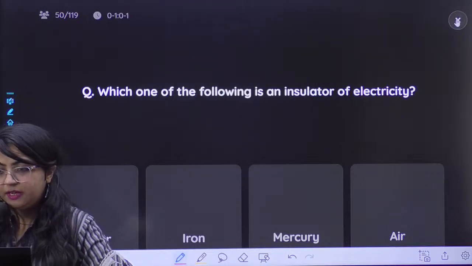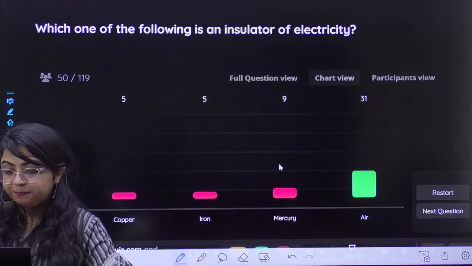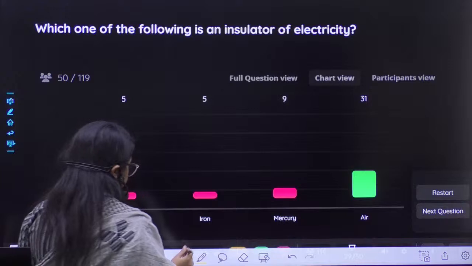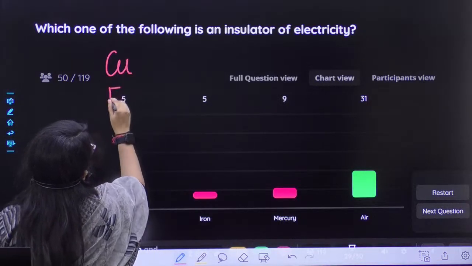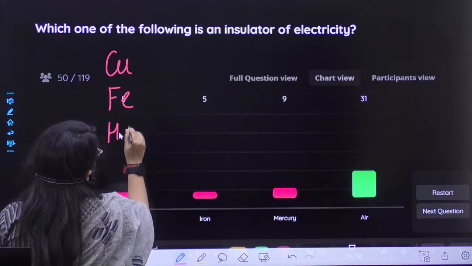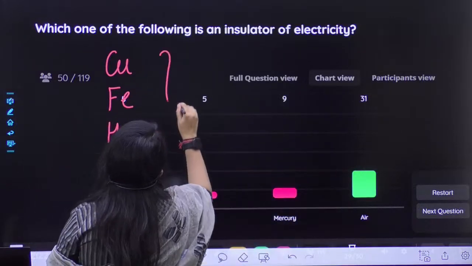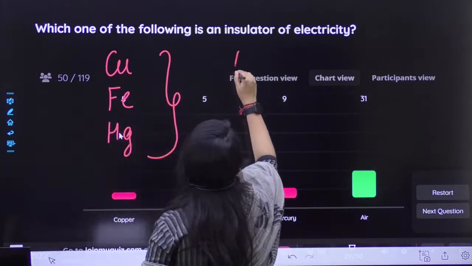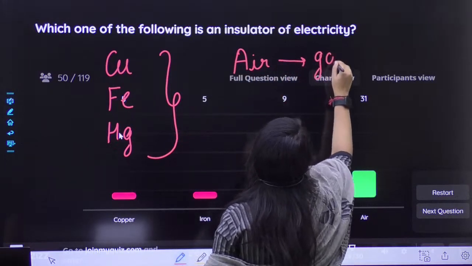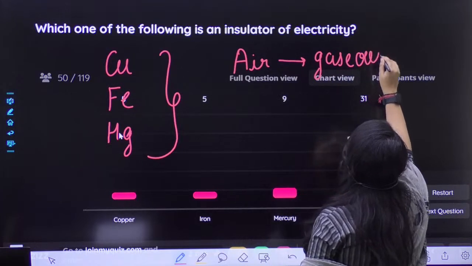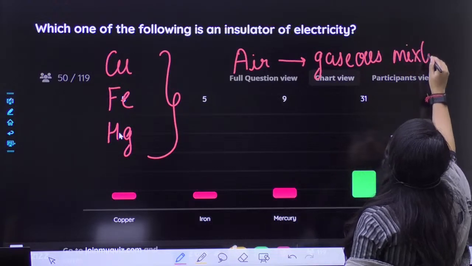Okay, so now I'm checking its correct option. The correct option for this question is air. First option is copper, that is Cu. Second is iron, that is Fe, and then mercury. So all these substances allow the electricity to pass through them, whereas air is a gaseous mixture, so there are no ions or charged particles in it for the conduction to happen.